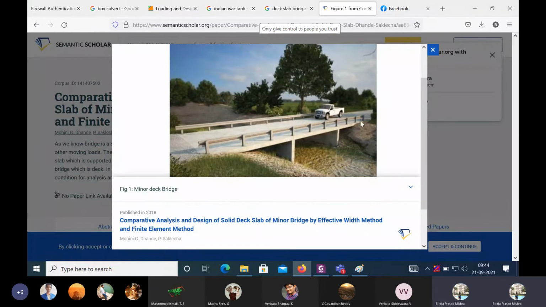Here we have the embankment. This one doesn't show any wing walls as of now, they are not visible, but they are there. This is one pier and this is another pier. This one is the parapet wall.